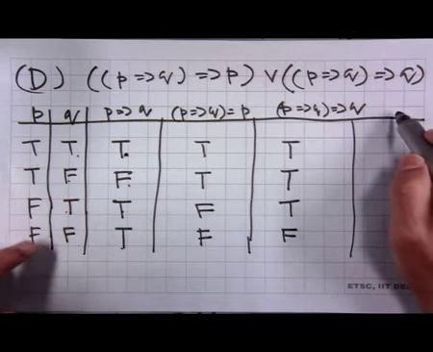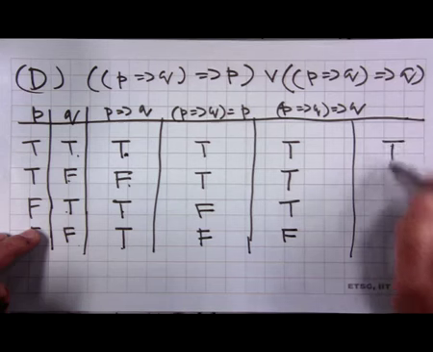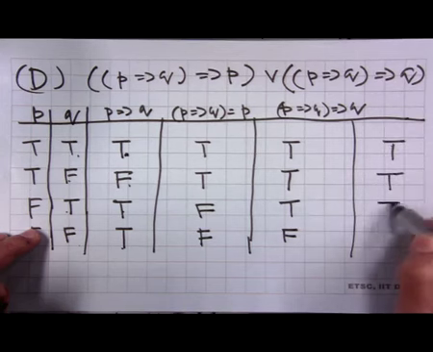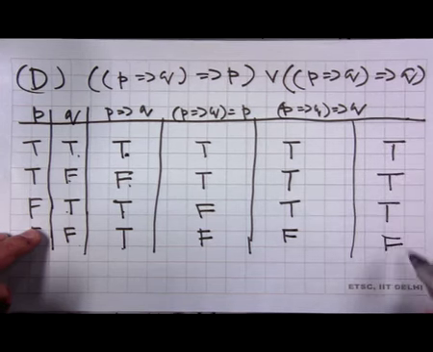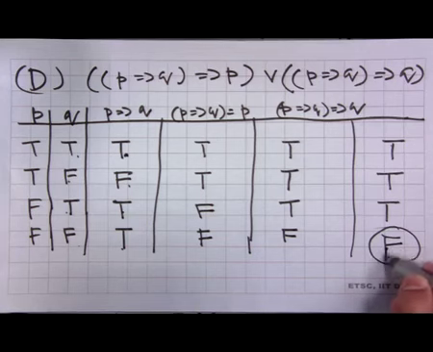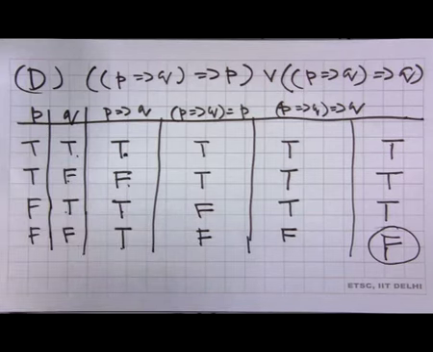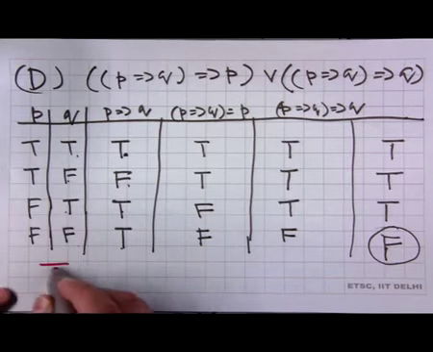Therefore, if I look at all of these, I find T, T, T and F. Therefore, this is not true in all the possible interpretations of P and Q. Therefore, this is not a tautology.